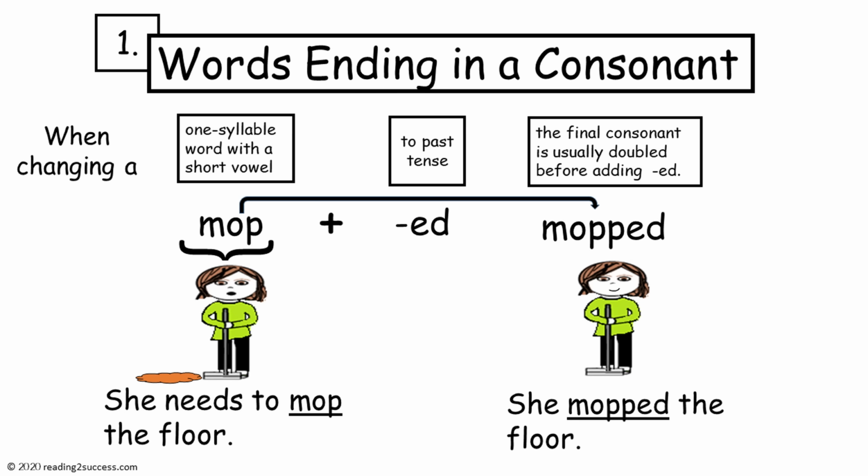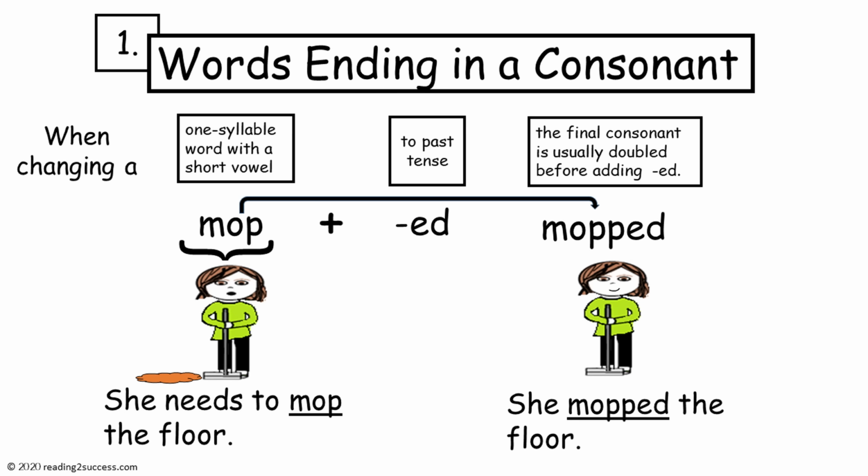Now introduce kids to basic spelling rule 1 and how it works with the ending ing. When changing a one-syllable word with a short vowel, and again that is our word mop, to present tense, this time adding ing, the final consonant is usually doubled before adding ing.